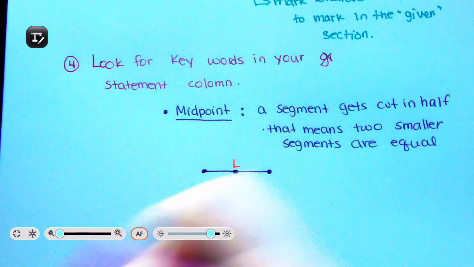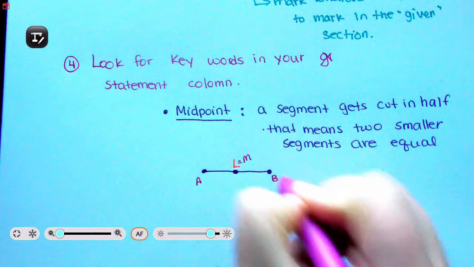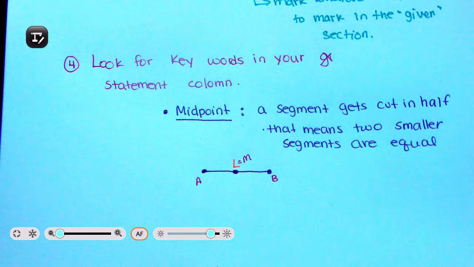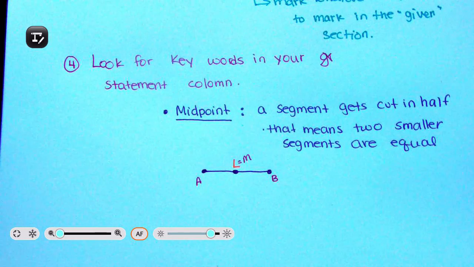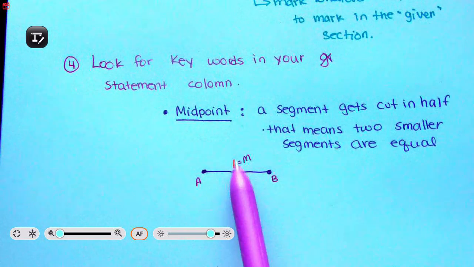Let me change colors. Let's call this A and B. So again, if you see the word midpoint, that means a segment gets cut in half. For this example, that means AB gets cut in half.